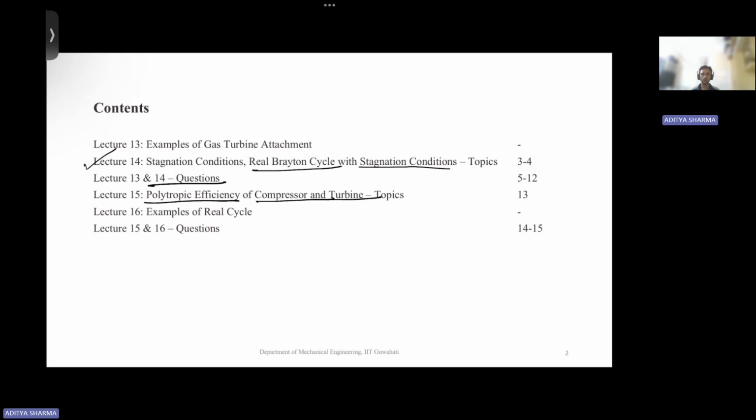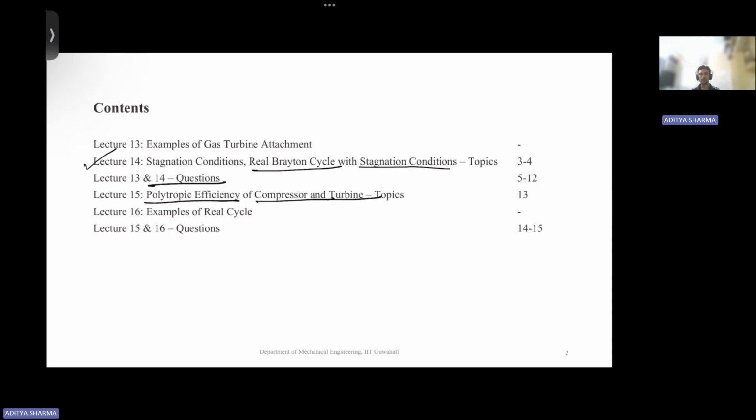But then if we want to compare different compressors having some pressure ratios and isentropic efficiencies, these two things are not comprehensive to compare two different compressors.